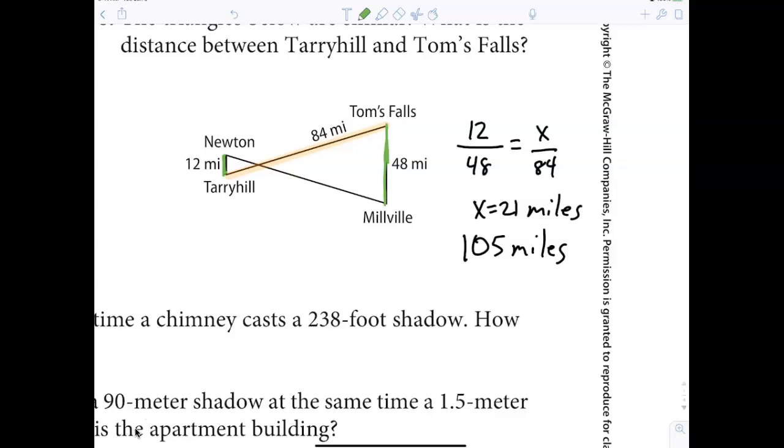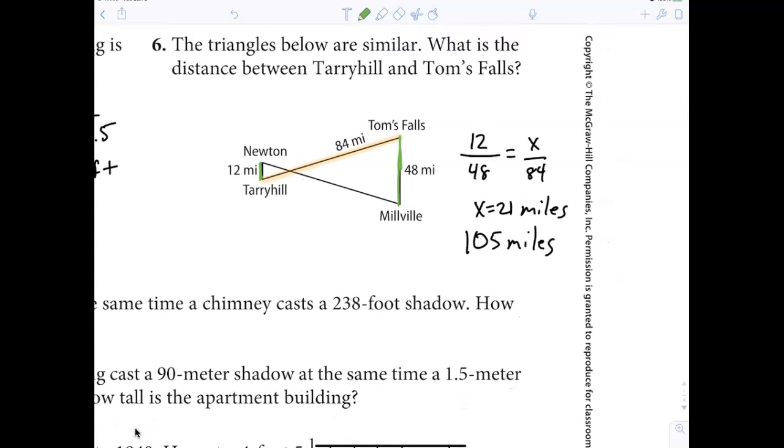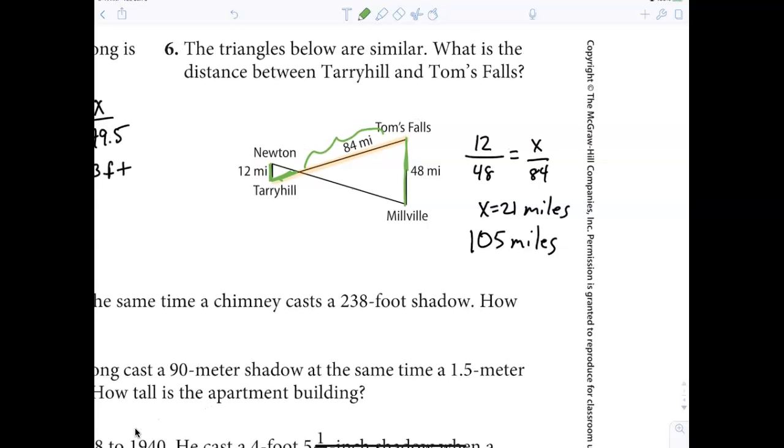Do you see that? And then we would say that this part right here corresponds to this part right here. Okay? Are you at 80? Well, because they want the total distance from Tom's Falls to Tarryhill.